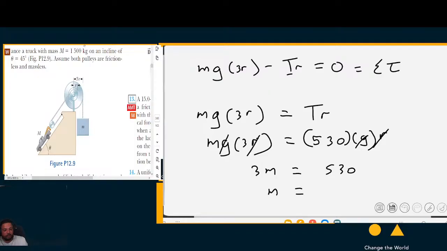So M is equal to 530 divided by 3, which is 177 kilograms. And that, ladies and gentlemen, is what you should get. That's the amount of mass required to hold that truck stationary. Last problem for today.